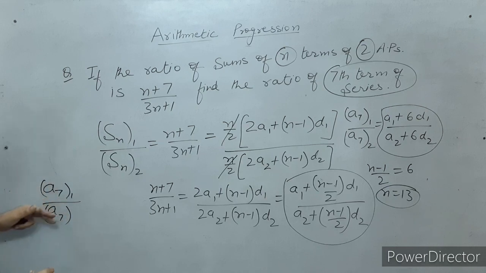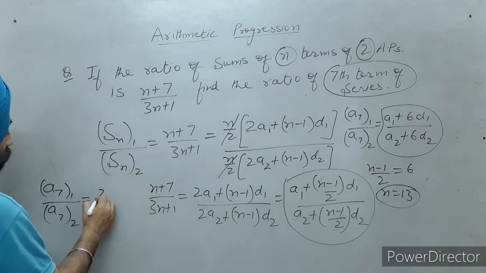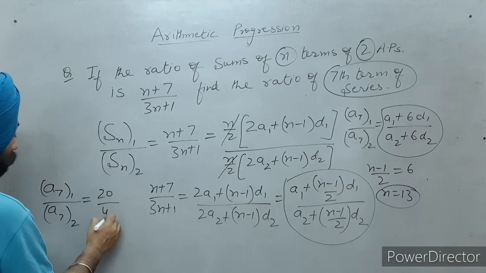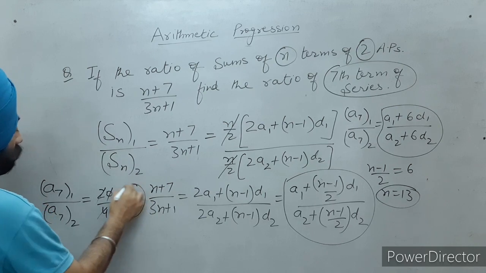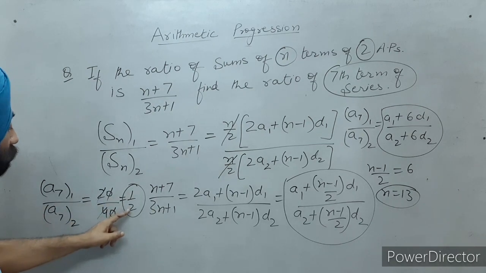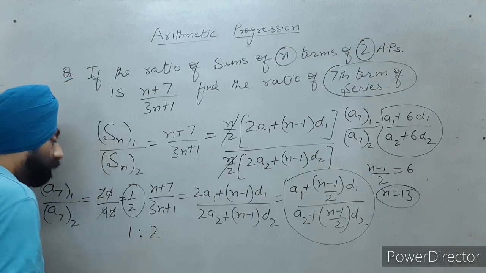Just put the value of n over here. 13 plus 7 is 20, right? 39 plus 1, 40. I get 1 upon 2. That means the ratio of the seventh term of the two APs is 1:2. This is the answer, 1:2.